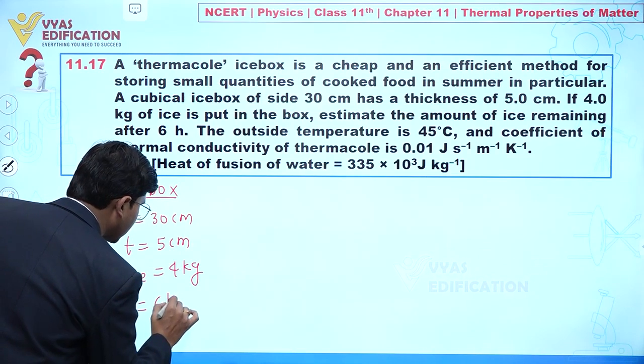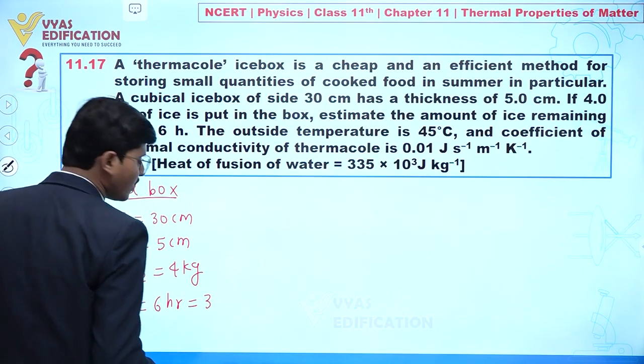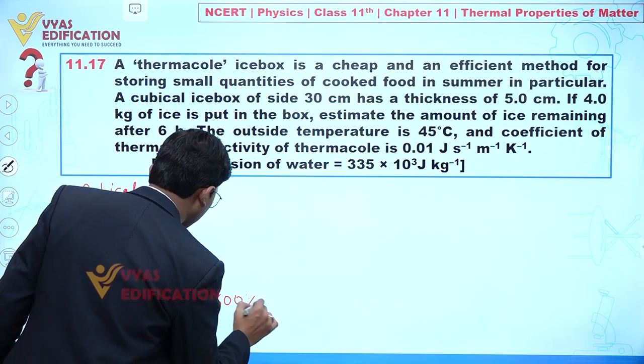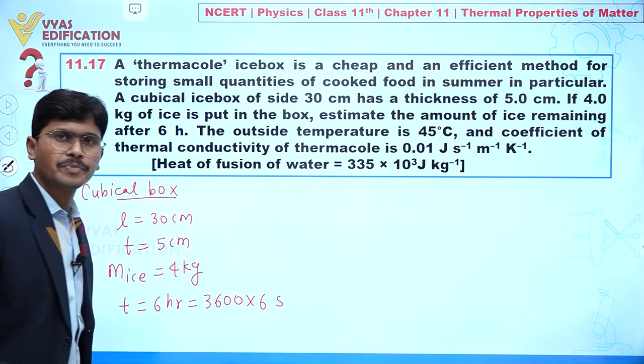The time is given as 6 hours, which you can convert into seconds: 3600 multiplied by 6 seconds, clear?